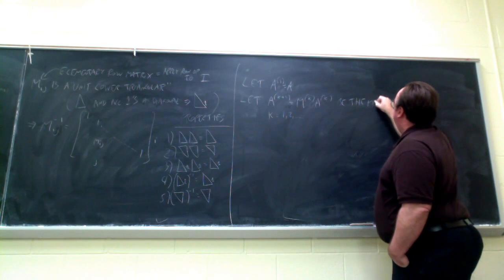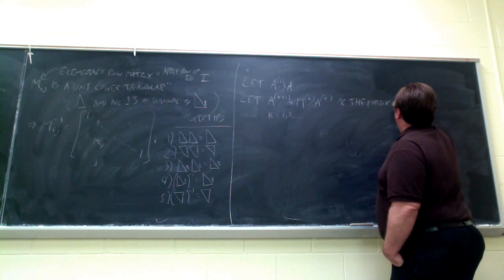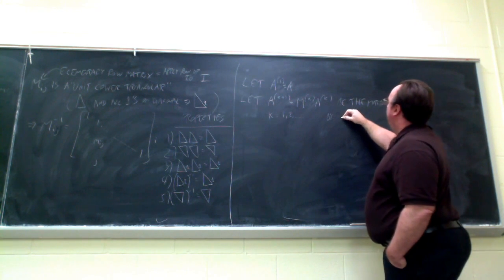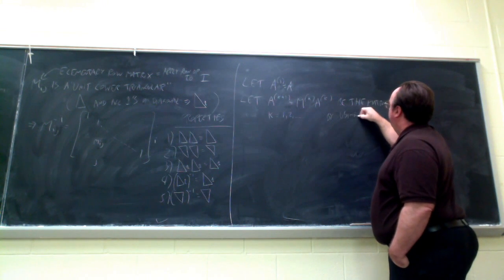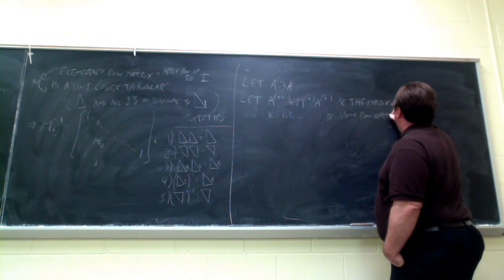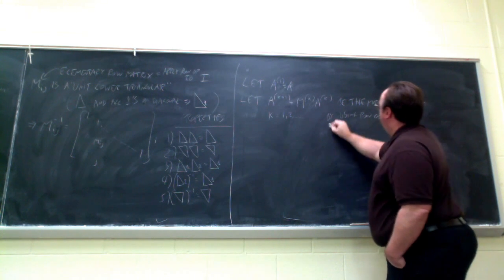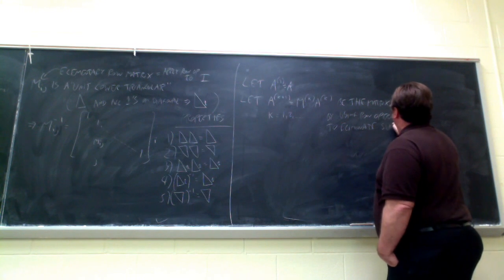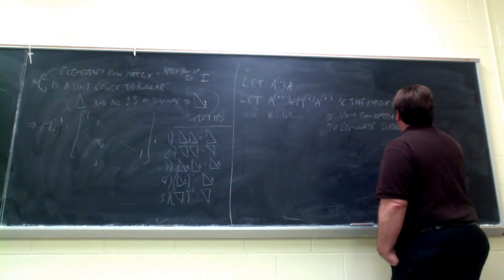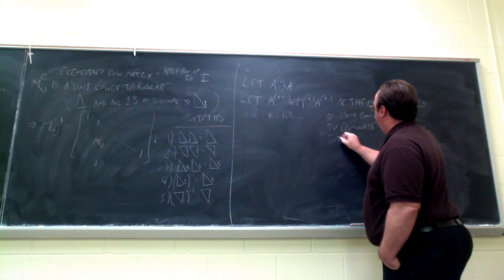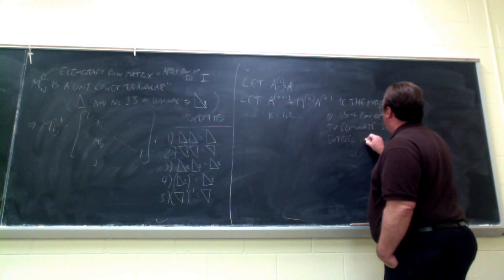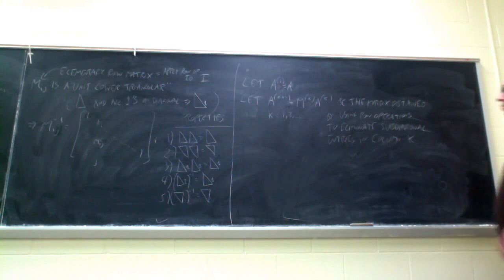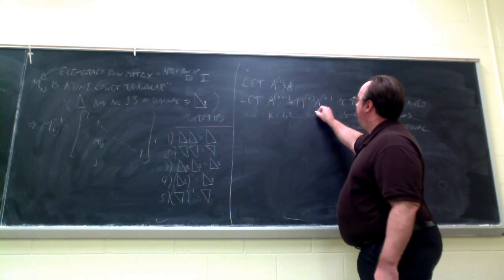That's going to be the matrix obtained by row operations to eliminate any subdiagonal entries in column K. So actually this would be K from 1 up to n minus 1.